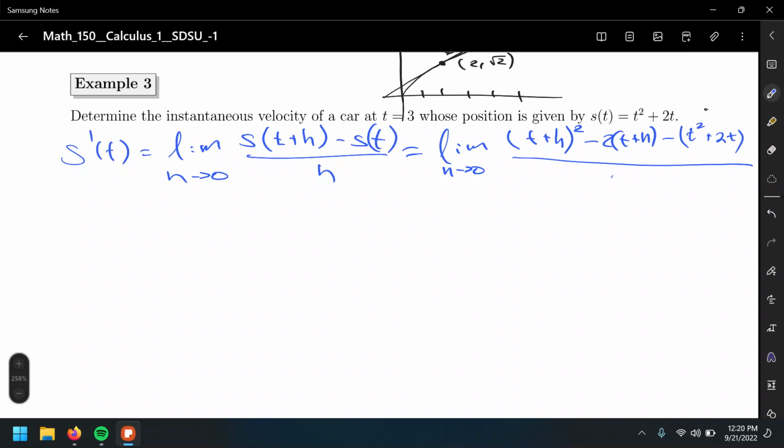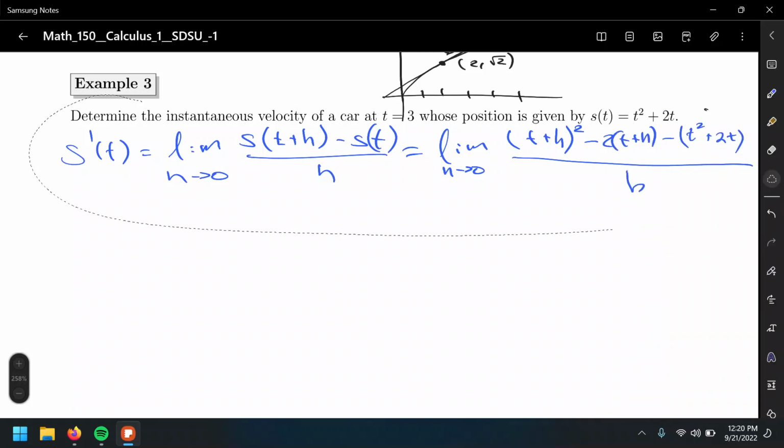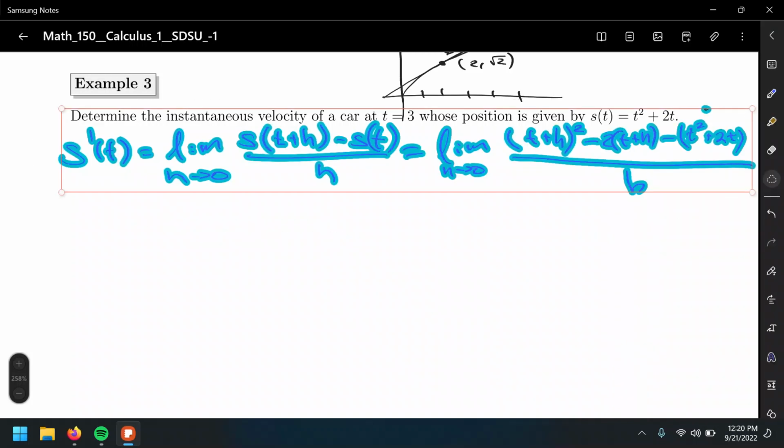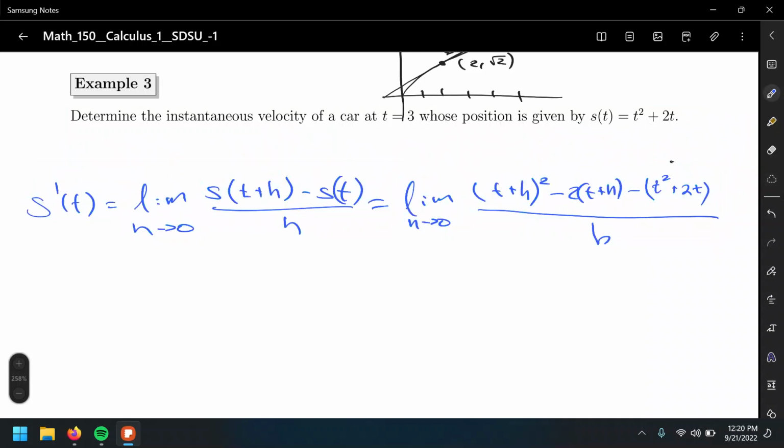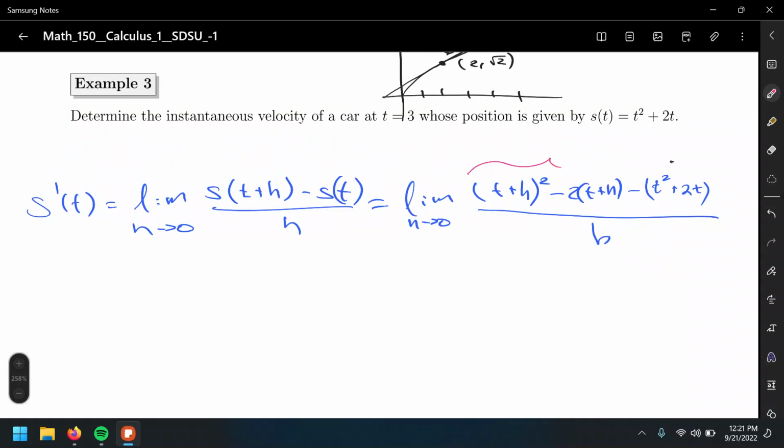Alright, so let me label this. Okay, so this is our f of t plus h minus f of t.